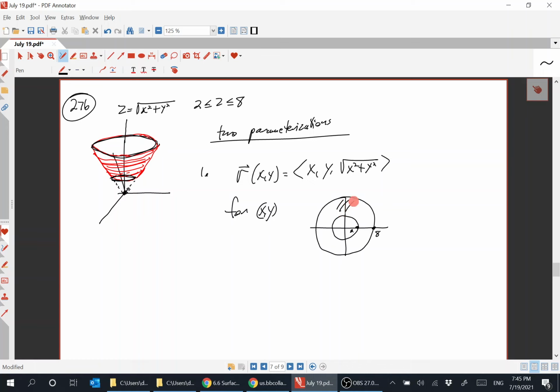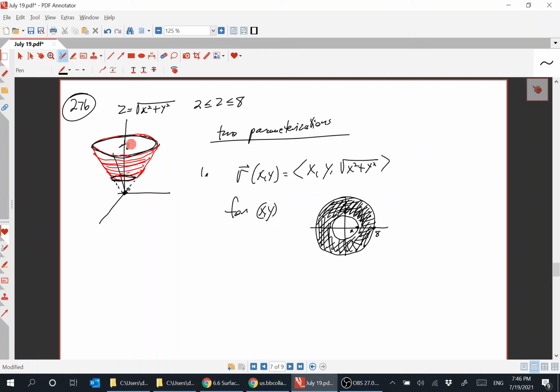So the domain for x and y is all the points that are inside this ring. Annulus would be the technical term for the thing. All right, because you're going to be missing out this donut hole there, right?